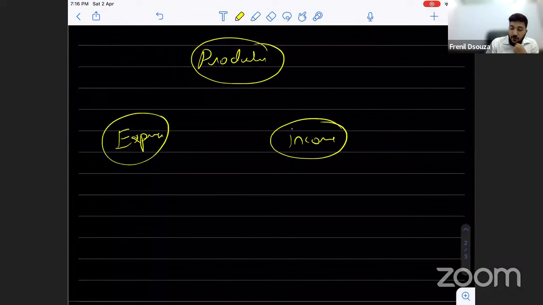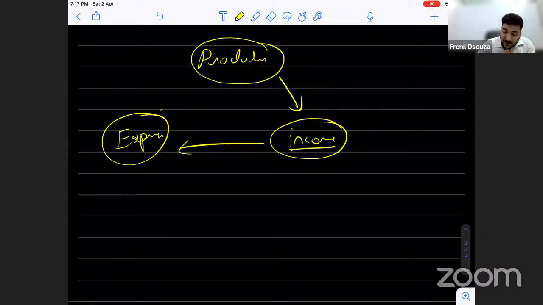Production is done by the business firms. What do you mean by income? Because you are working or supplying things to that business firm, it will give you money, so it will become your income. And once you get that income, you will spend it to buy goods and services. So this circular flow of income in an economy keeps on happening.